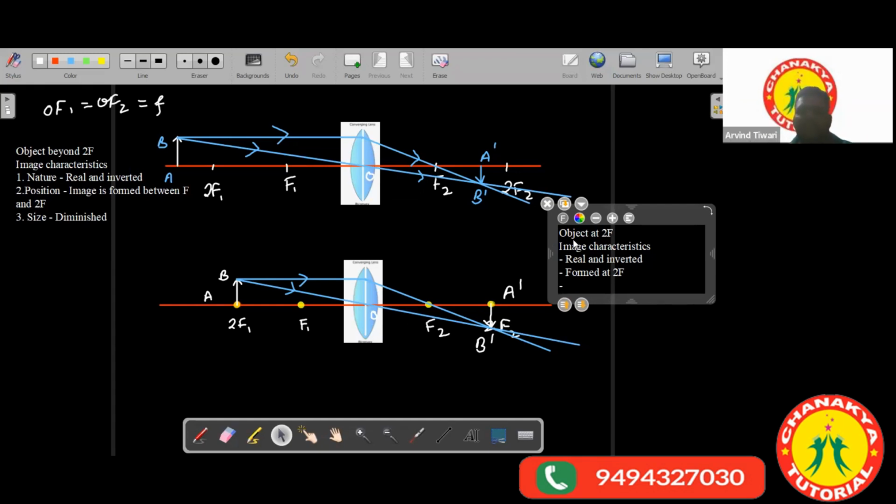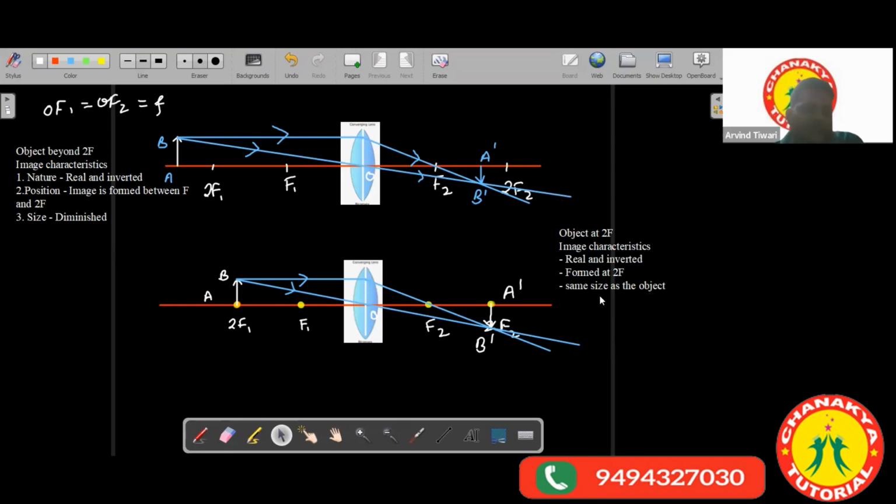And what about its size? It's the same size as the object. So these are the characteristics. When the object is placed at 2F, the image is real and inverted, formed at 2F, and it is of the same size as the object. Got it?